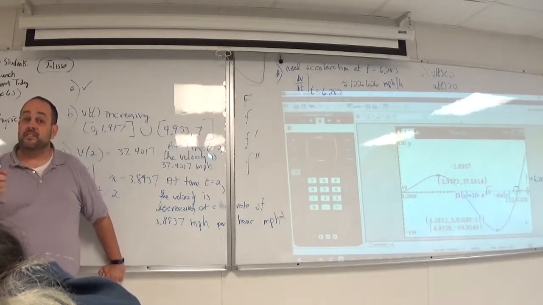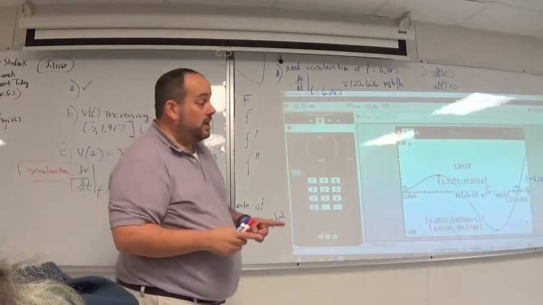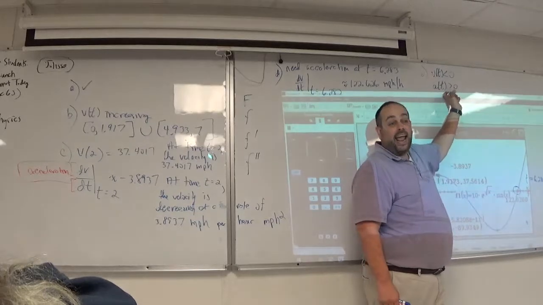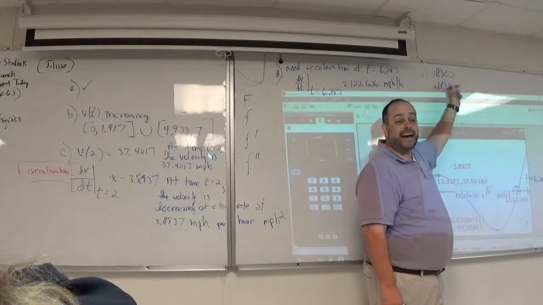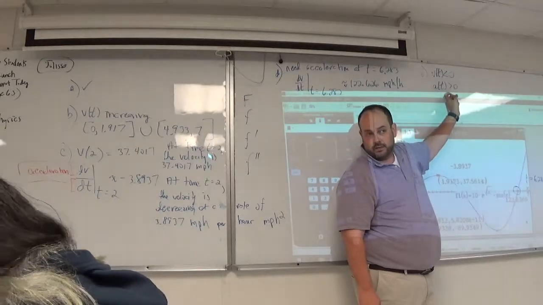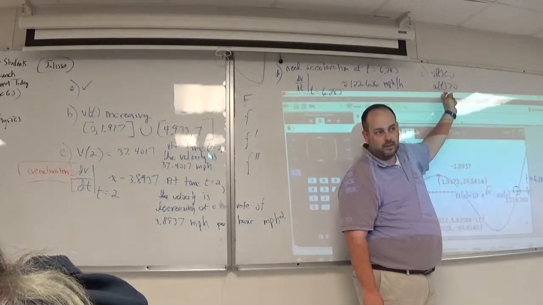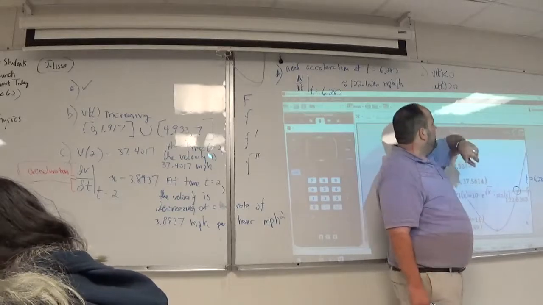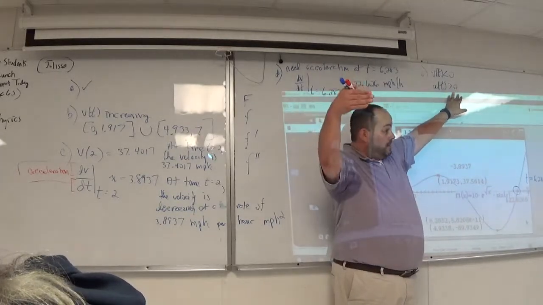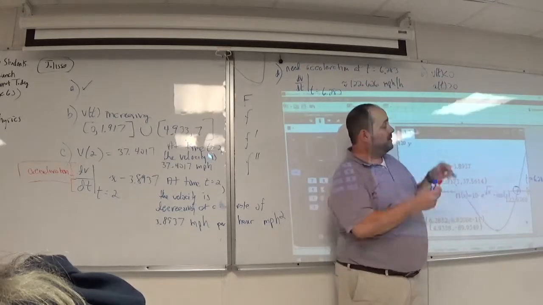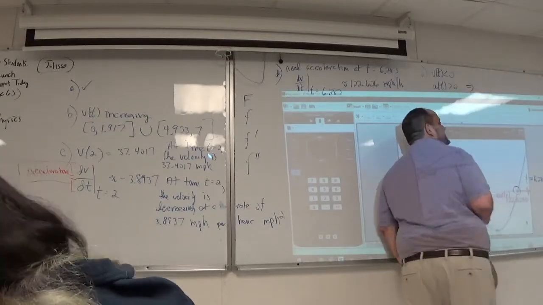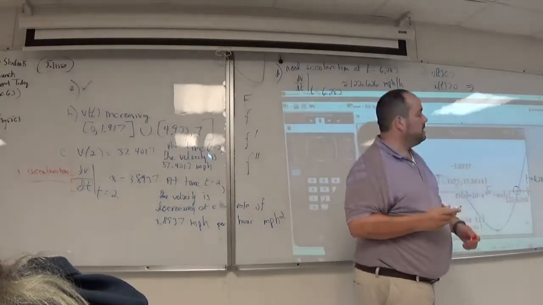Acceleration is the derivative of velocity. So if acceleration is the derivative of velocity, and the acceleration is positive, what has to be true about velocity? If I had an acceleration graph, the acceleration would be above the x-axis. But acceleration is positive, and you told me that acceleration is the derivative of velocity.